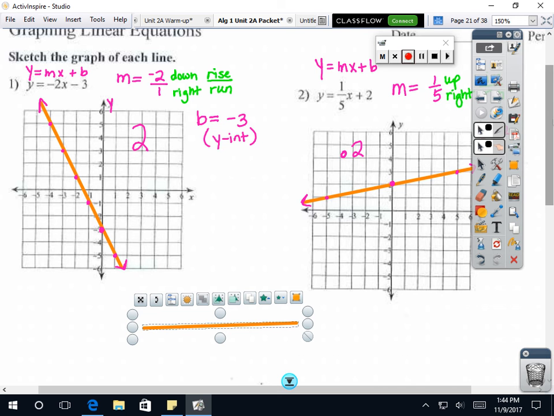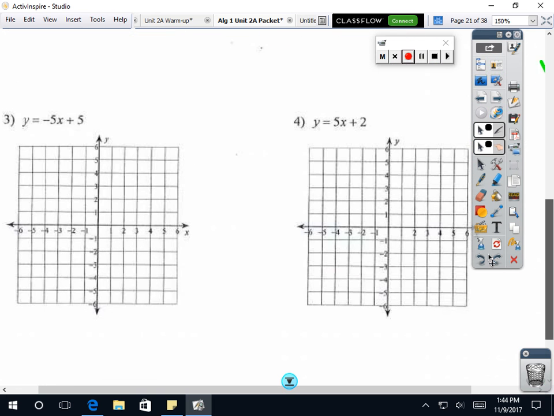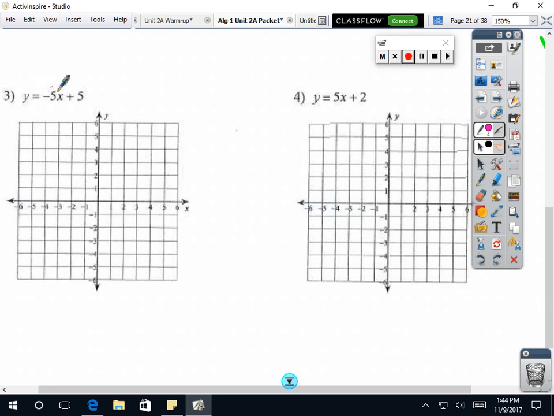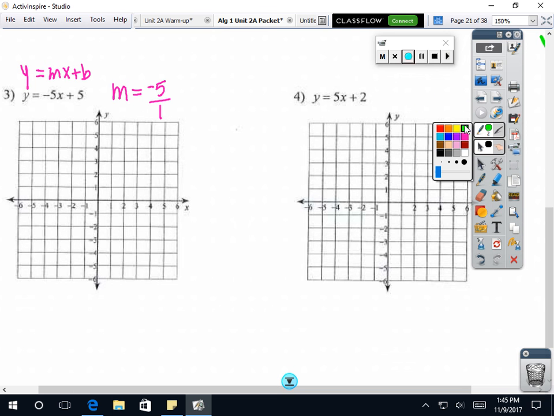Okay, now let's look at number 3 and 4. This is an equation in slope-intercept form. What is the slope? The m. Right, we want to go ahead and throw it over 1 because slope is also known as rise over run. Rise will take you up or down. In this case, it's going to take us down because it's -5.